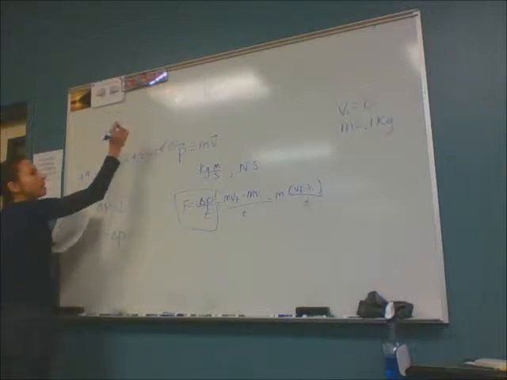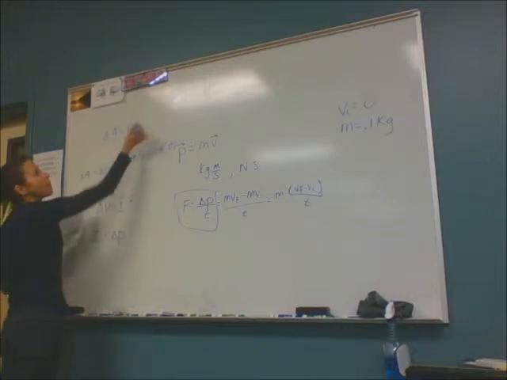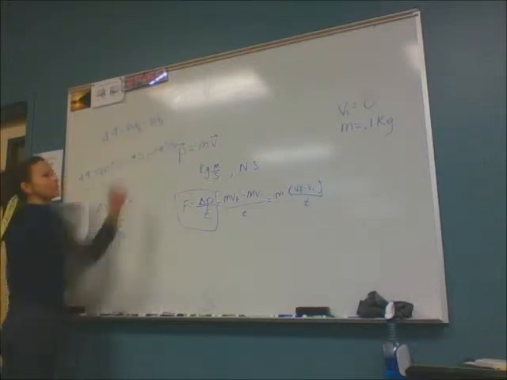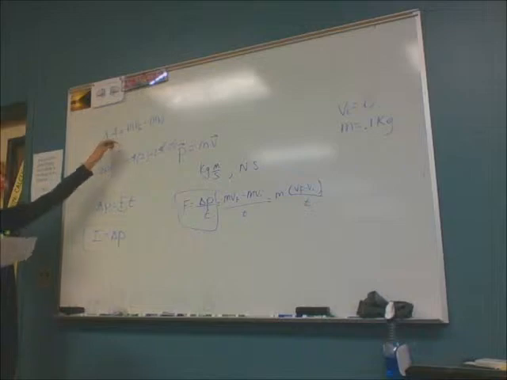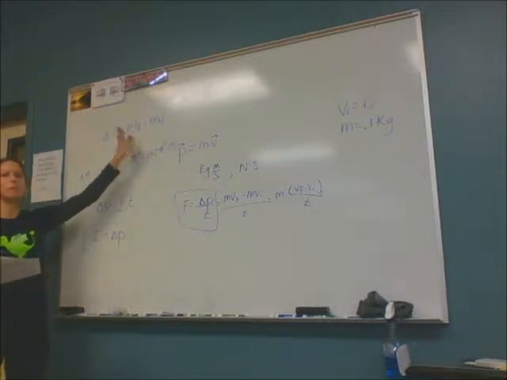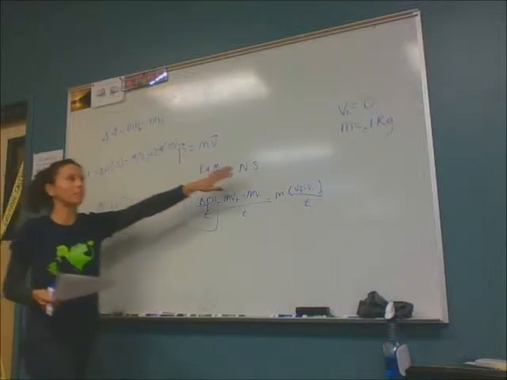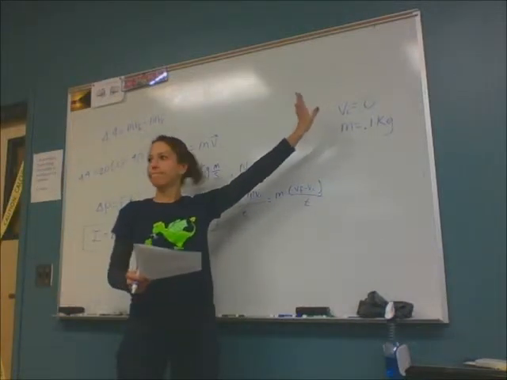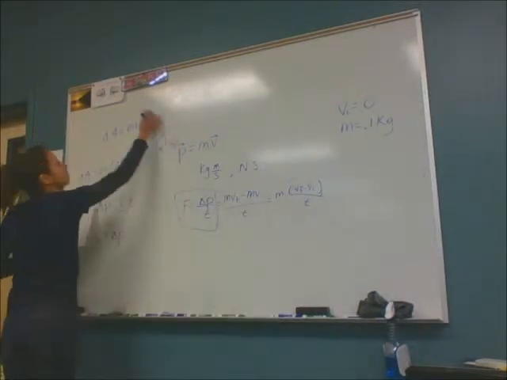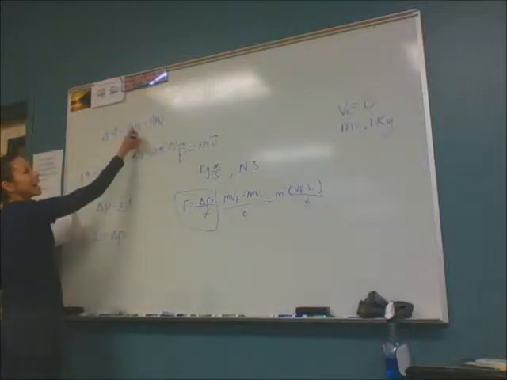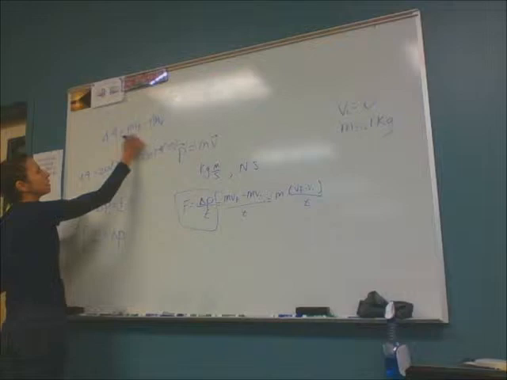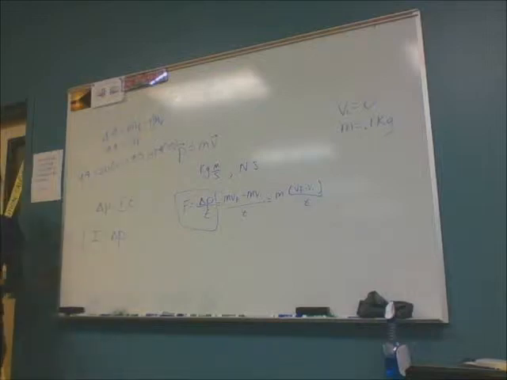The initial momentum, for something not moving, is 0. And my mass is 0.1. So my final velocity is 44.